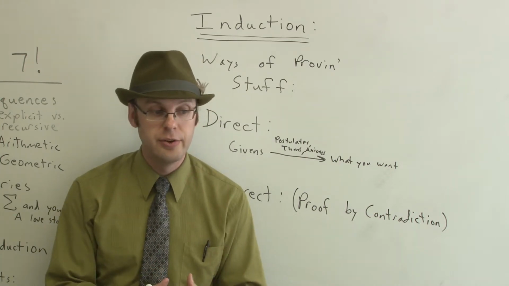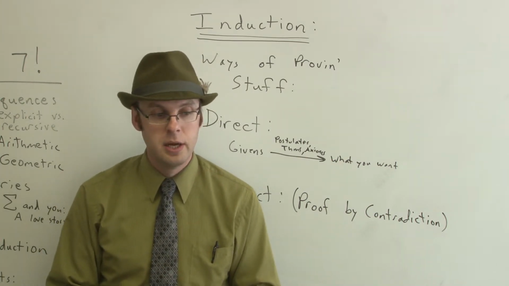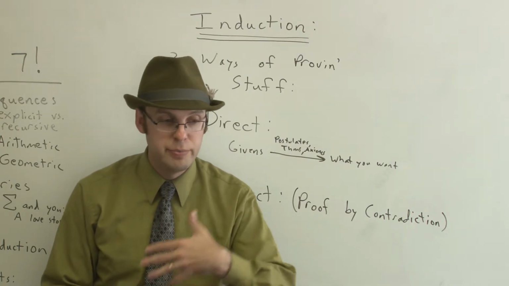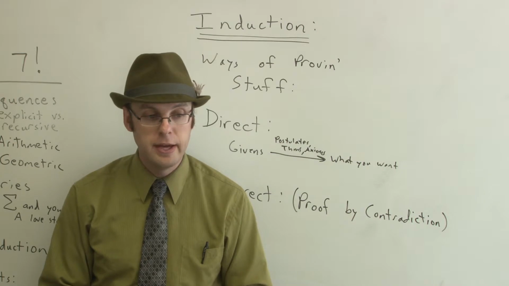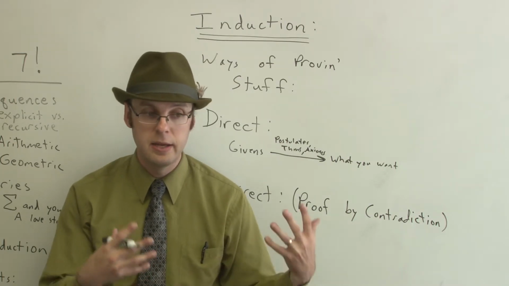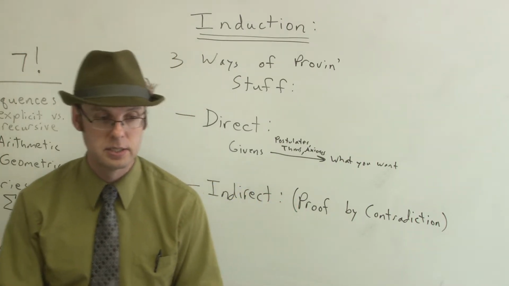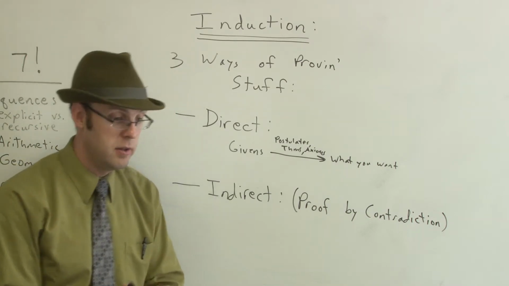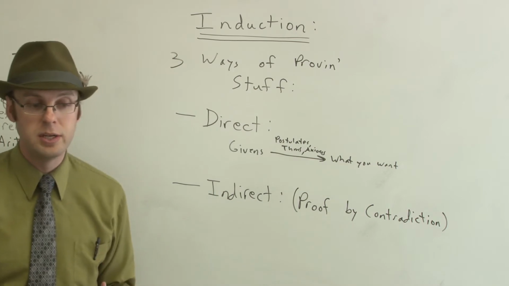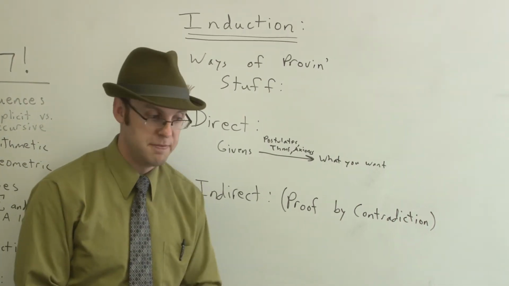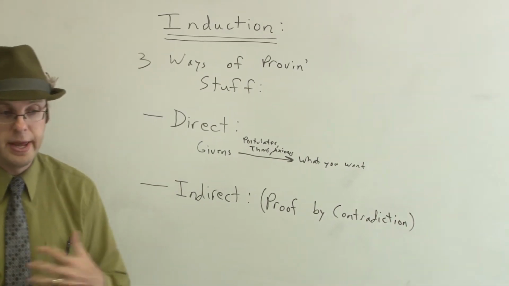So, contradiction. Remember what you did was you basically assumed the opposite of the conclusion that you wanted, and then you showed how that resulted in a paradox. So you said, well, if the opposite is not true, then what I originally wanted must be true. If not x is false, then x must be true.